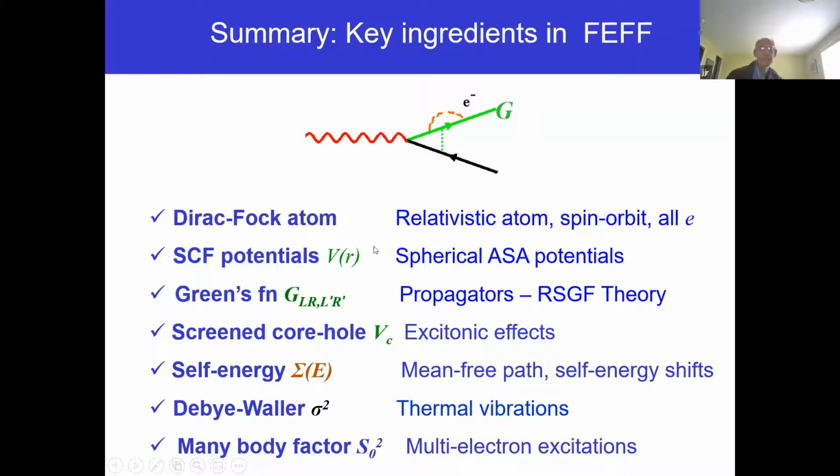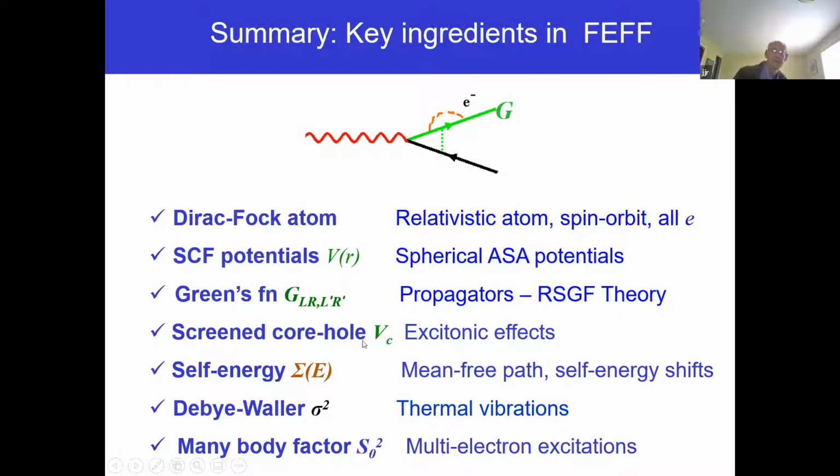So the ingredients in the theory is you need to have a very good treatment of the electrons in the atom, a Dirac-Fock code. You have to make the potential self-consistent. You need to calculate all these Green's functions. You need to put in a core hole. This is the, say, the 1s or 2p level, whatever.